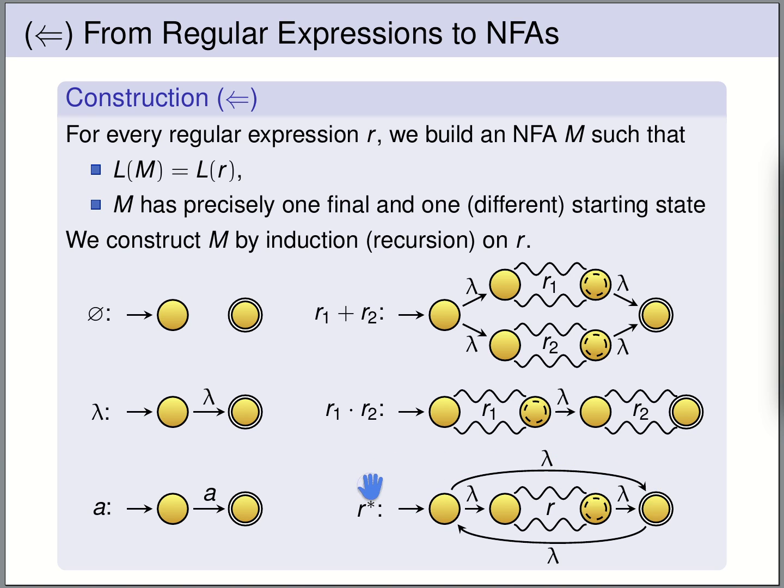The Kleene star means that we also should be able to accept the empty word. That works. We can take the lambda transition from the starting state to the final state, and we can immediately accept the empty word.